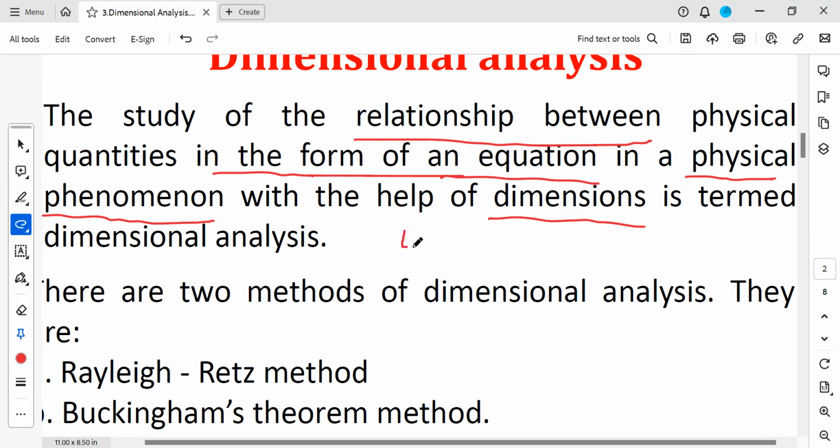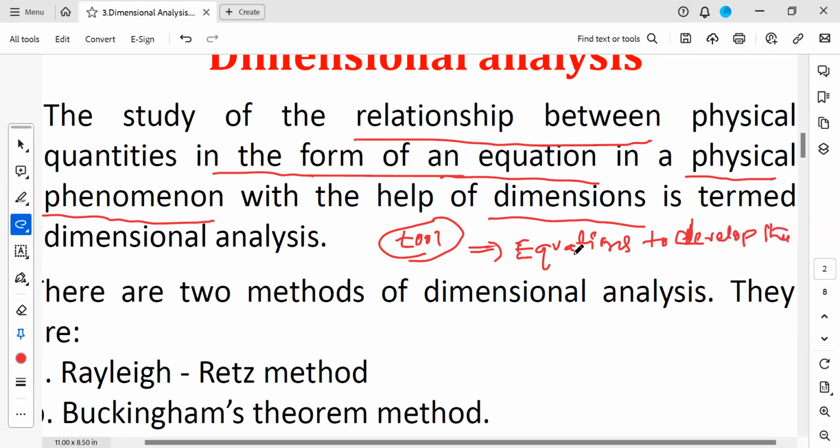So it is a tool. Dimensional analysis is a tool. With the help of this tool, we can find and establish the equations, developing the relations by making use of dimensions.